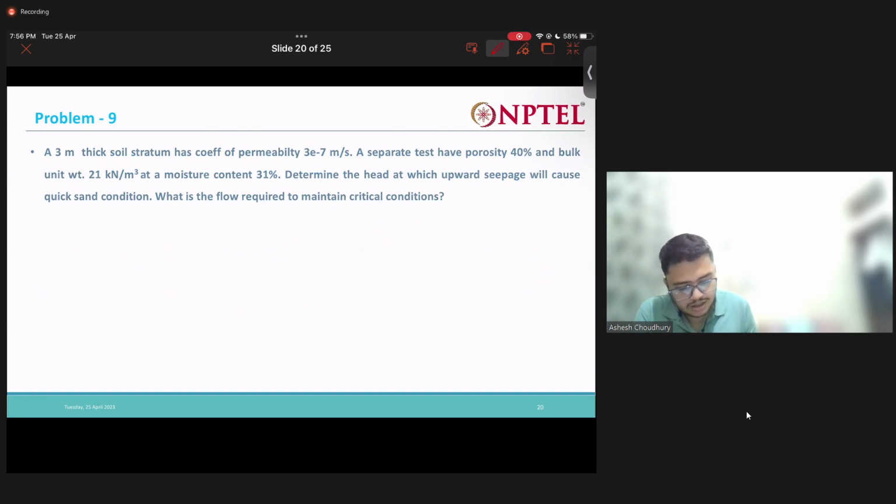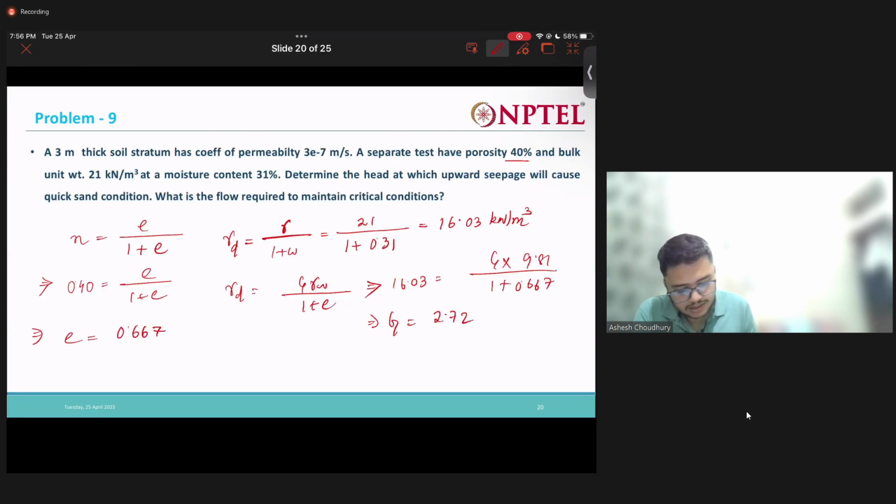Now, can you recall the formula for critical hydraulic gradient? Critical hydraulic gradient means the hydraulic gradient at which quicksand condition will occur, right? Means the effective stress actually will become 0.